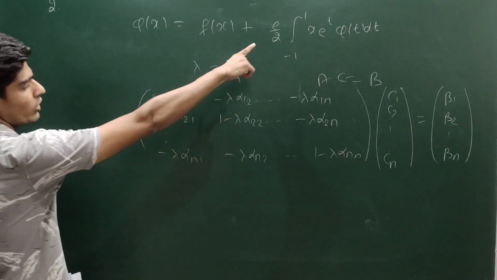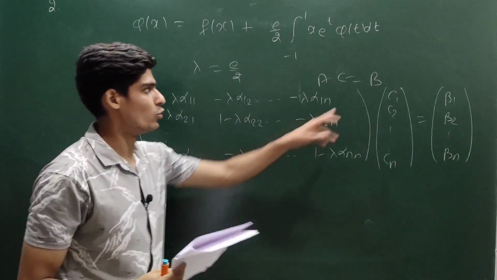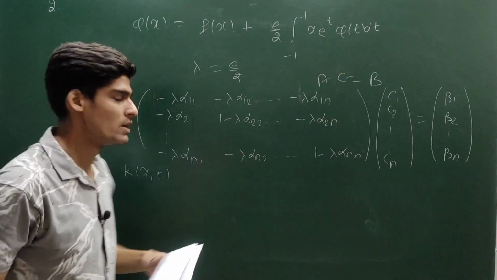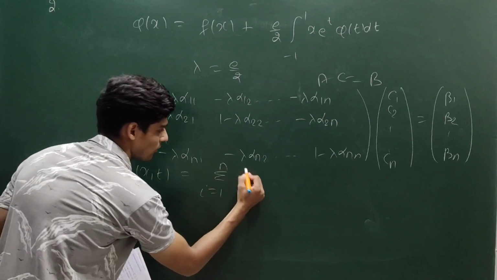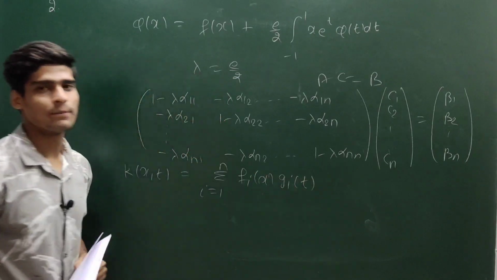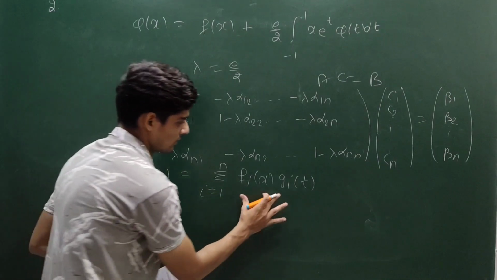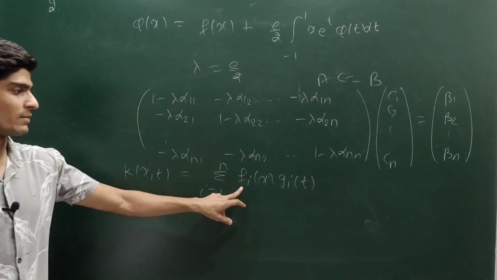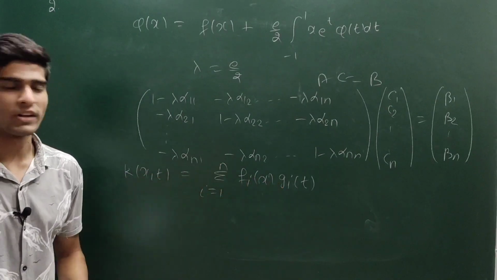See, if your kernel is k(x,t) and your kernel is degenerate, this method is applicable only when your kernel is degenerate or separable. That means this kernel can be expressed as the finite sum of products of a function of x only and a function of t only. So if your kernel is a degenerate kernel, suppose this can be expressed as the finite sum of f_i(x) and g_i(t).